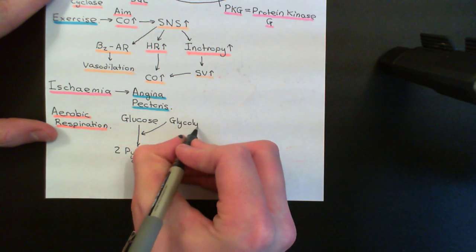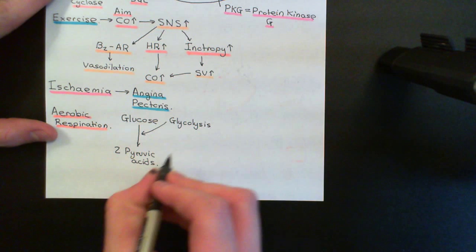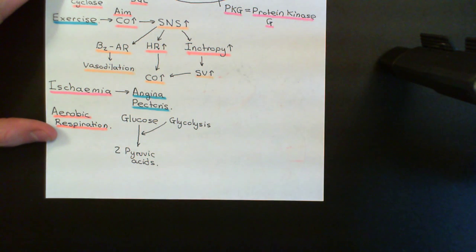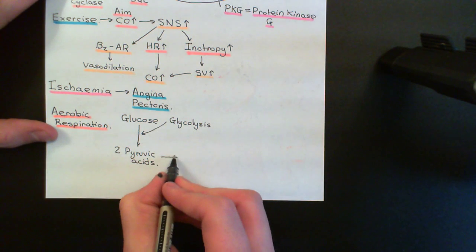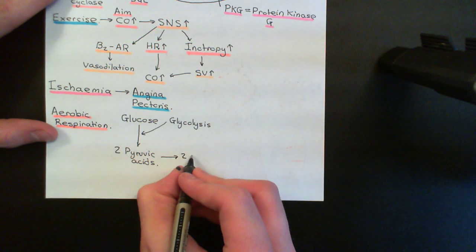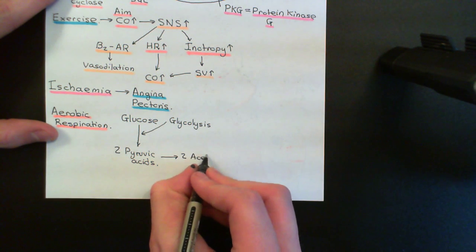Then these pyruvate or pyruvic acid molecules are going to go through a small reaction known as the link reaction, which then produces two acetyl coenzyme A molecules.